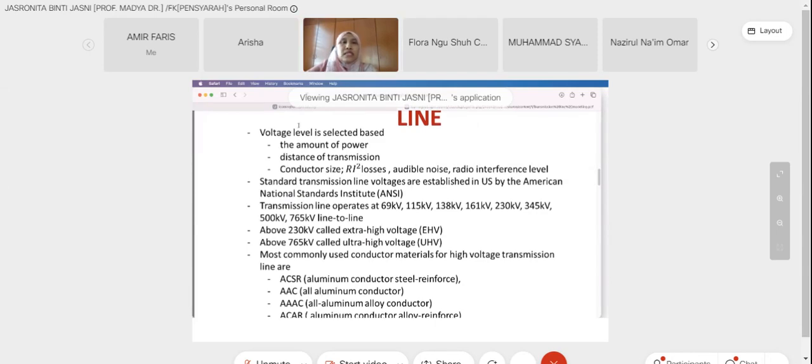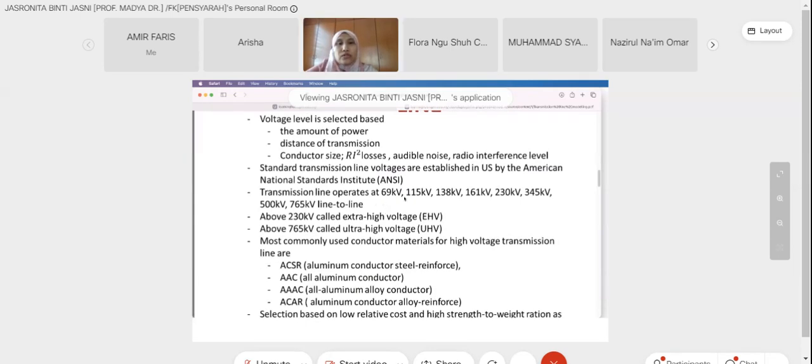So basically, voltage level is selected based on the amount of power that we want to transmit, and then the distance of the transmission. As I said before, we need to have the conductor, whereby this conductor will represent the size of the conductor, and because of the losses, the voltage level differs.